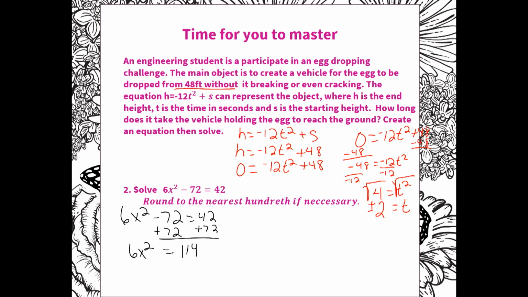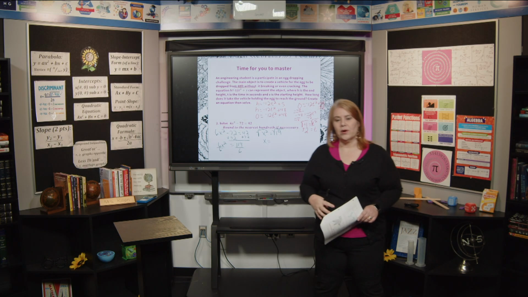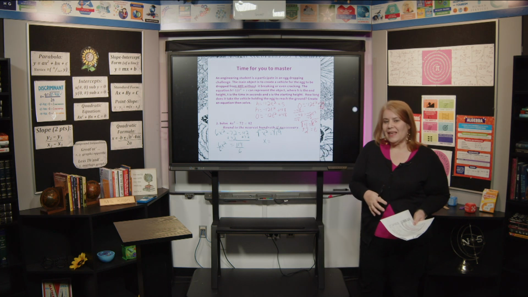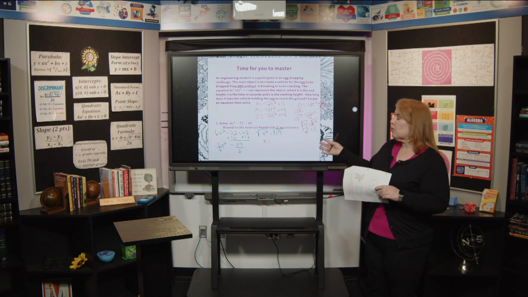So now, still going to divide by that 6. So x squared equals, when I have 114 divided by 6, I get 19. Still need to get that x by itself, so I'm going to take my square root. Now, Ms. Killen, 19 is a prime number. I can't even factor anything out from under that radical sign.